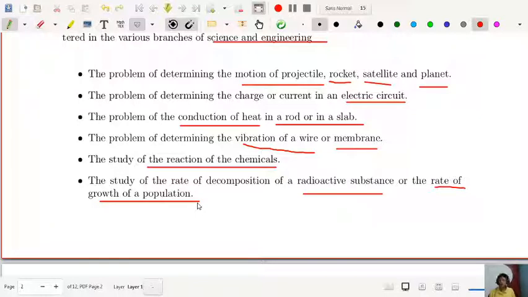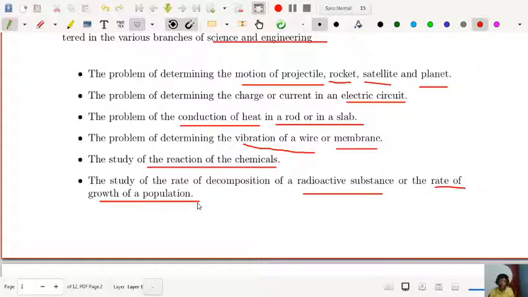In our current situation, the COVID-19 pandemic, the growth of the coronavirus can be described by a differential equation. Actually, a lot of people in this world are currently studying the growth of the coronavirus and the population growth also.